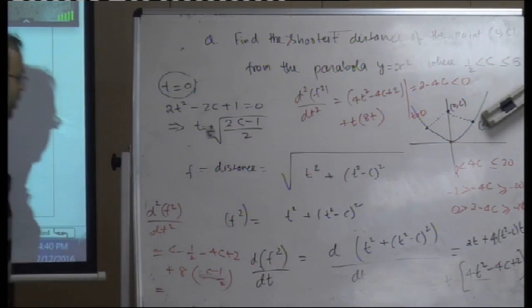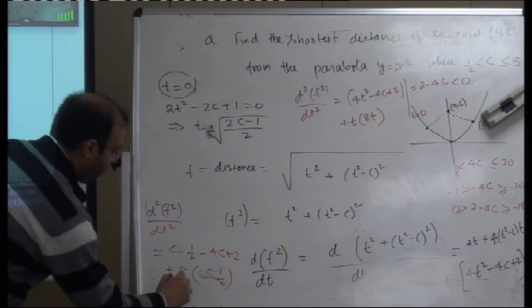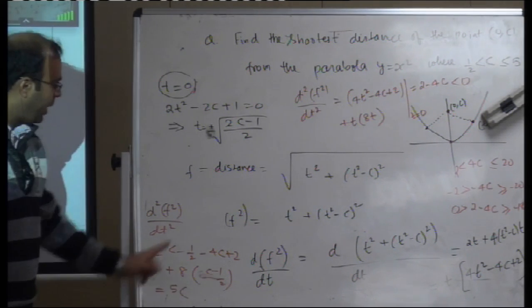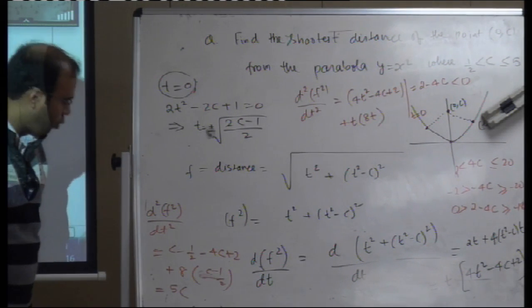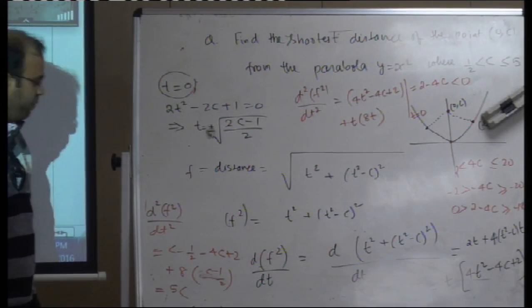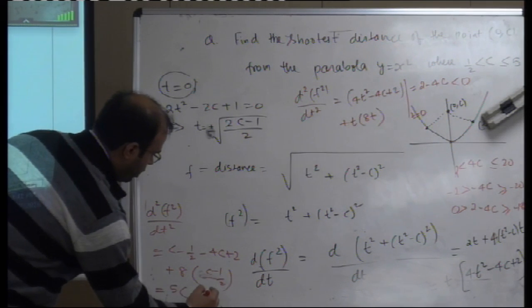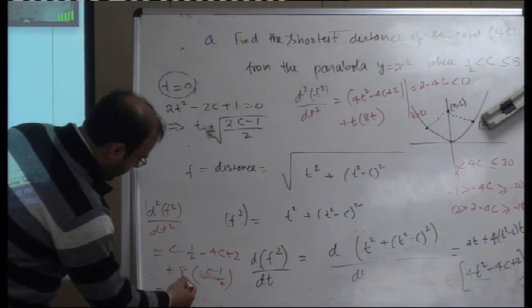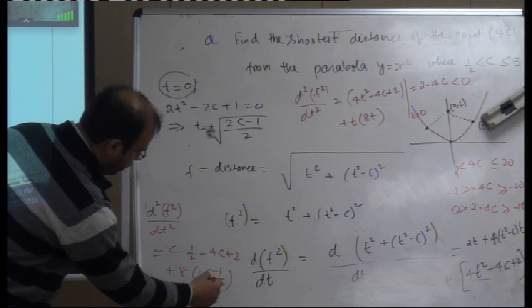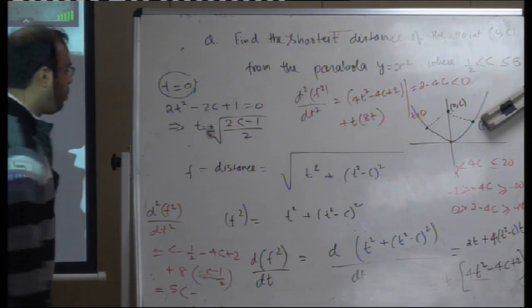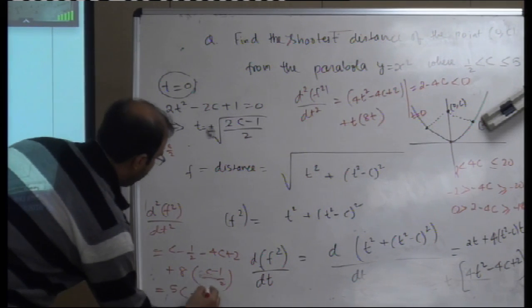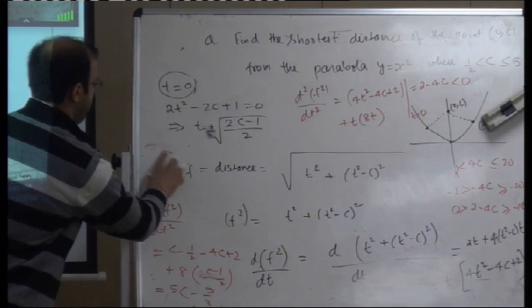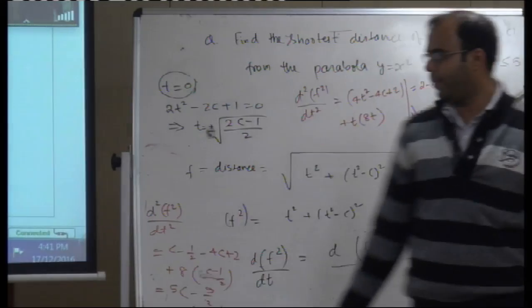So this would become 8c minus 4c, that would become 4c plus c, 5c, and then minus half plus 2 would become 3 by 2, and then minus 4, that would become minus 5 by 2. So this would become 5c minus 5 by 2.